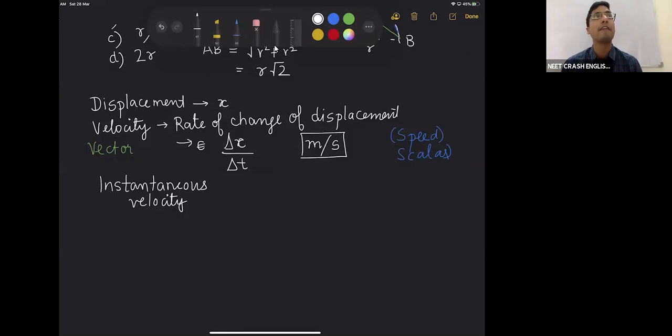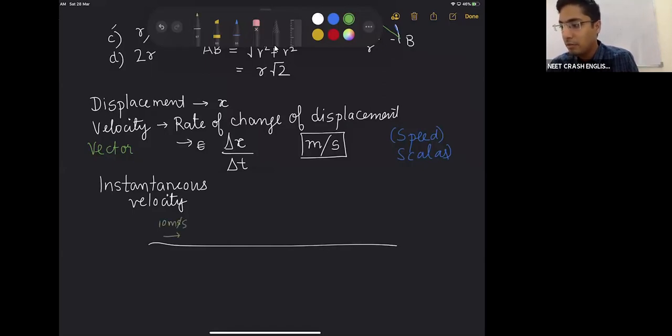But let's say I travel from home to office, right? At every different point of time. So for some distance, I might be at 10 meters per second. For some distance, I might be at 5 meters per second. Then there might be less traffic. I might go at 40 meters per second.